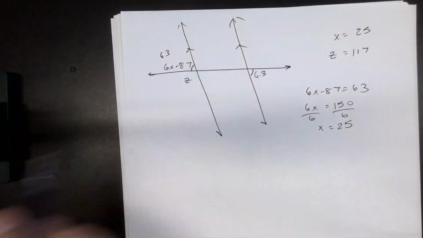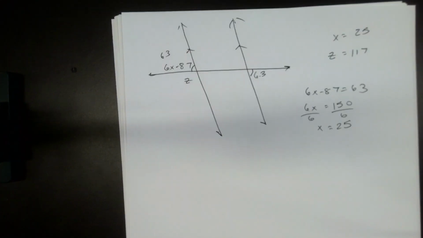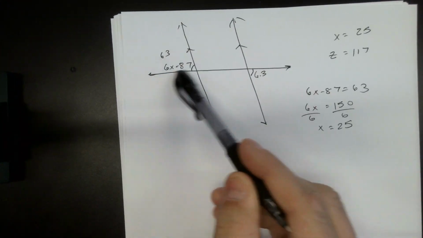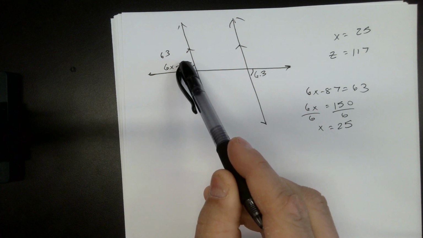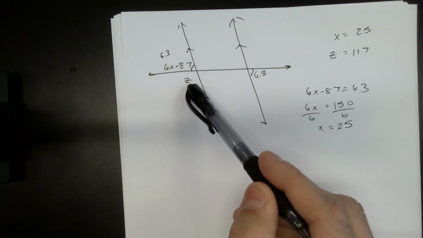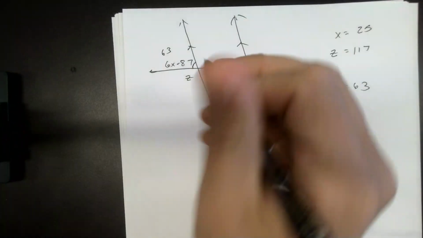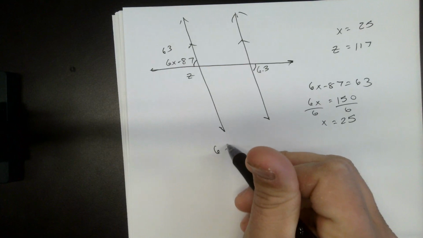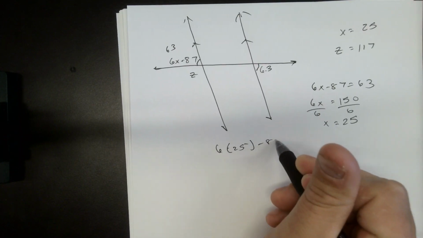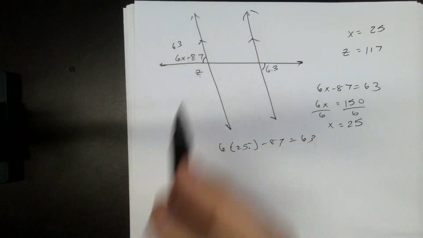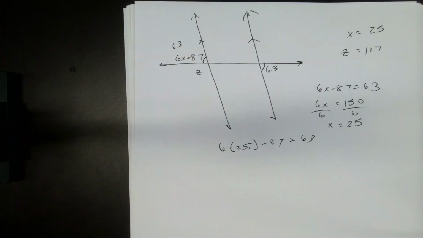Or you could plug in 25 for x: 6 times 25 minus 87 is 150 minus 87, which is 63. Subtract from 180 gives you that one. Questions on that one?